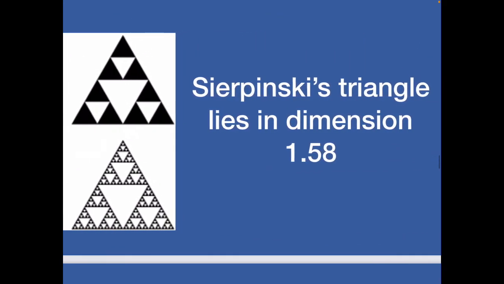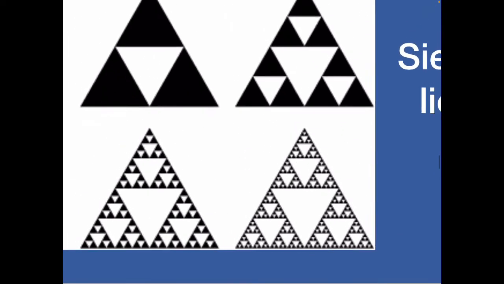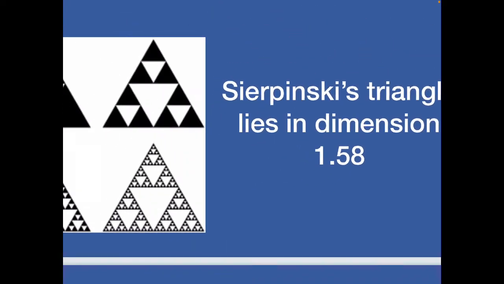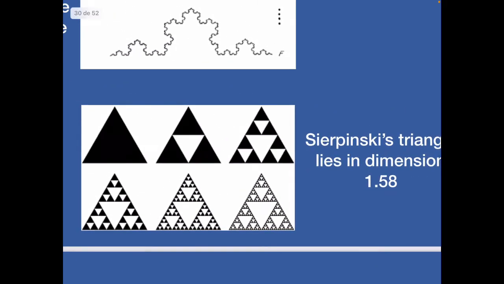So the Sierpinski triangle lies in dimension 1.58. It has lost 0.42 dimensions as we cut out all these regions over here. All these white parts are taken away, and that is going to make the triangle lose 0.42 dimensions. So now it is approaching the first dimension. It is not yet there, but it is approaching.